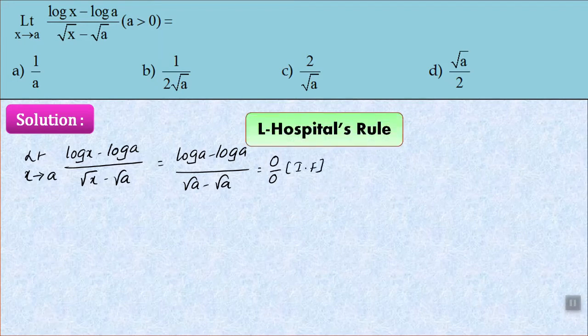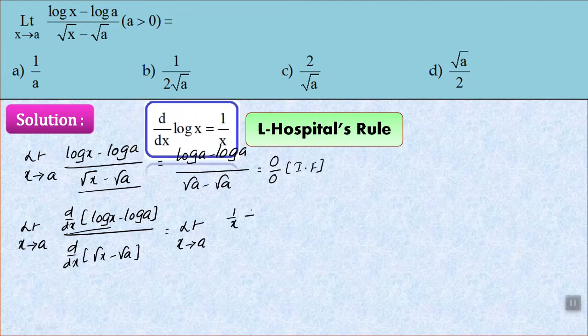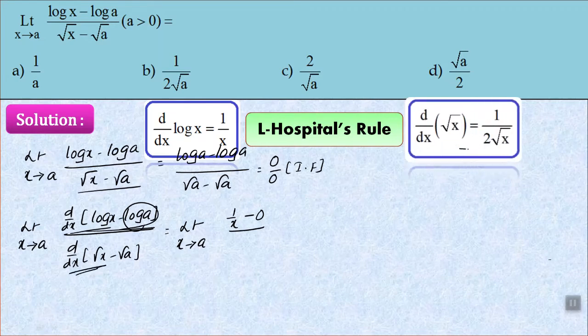By using L'Hospital's rule for solving this, limit x tends to a, here in the numerator and denominator differentiating with respect to x: d by dx of (log x minus log a) divided by d by dx of (root x minus root a), equals limit x tends to a of d by dx of log x, which is 1 by x, minus d by dx of log a, which is constant so 0, divided by d by dx of root x, which is 1 by 2 root x, minus d by dx of root a, which is constant so 0. This equals limit x tends to a of (1 by x) divided by (1 by 2 root x).